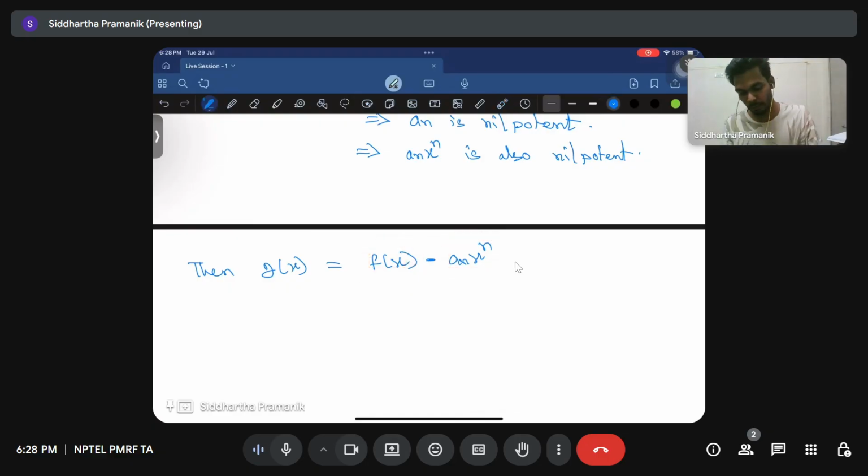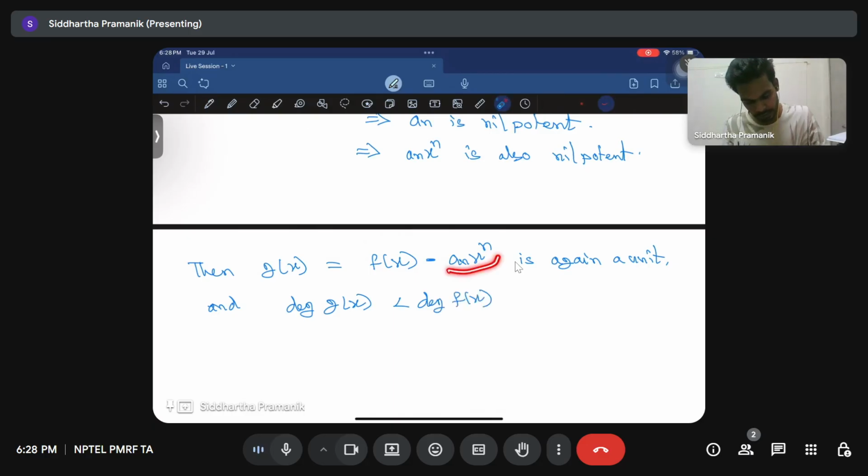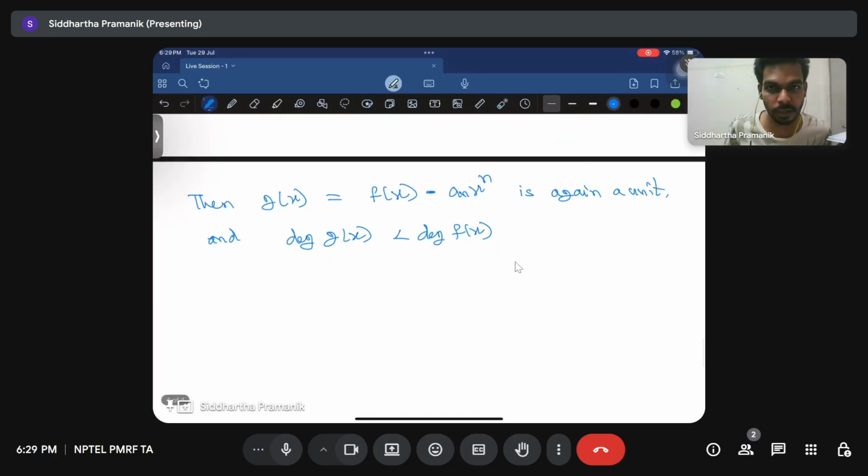So the sum of a unit and a nilpotent is again a unit, and the degree of gx is strictly less than the degree of fx, because this is the leading term of f. So we cancel out the leading term of f. So the degree of gx must be strictly less than the degree of f. So now we can use the induction hypothesis.